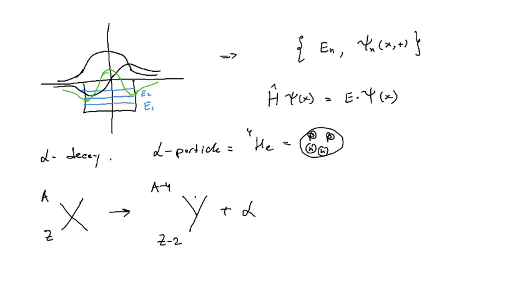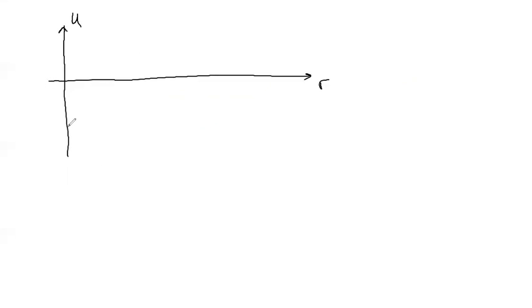So we can introduce nuclear potential for alpha particles as a function of distance. And typically the potential looks something like this. So this is a normal square well potential, but then you have this Coulomb repulsion.